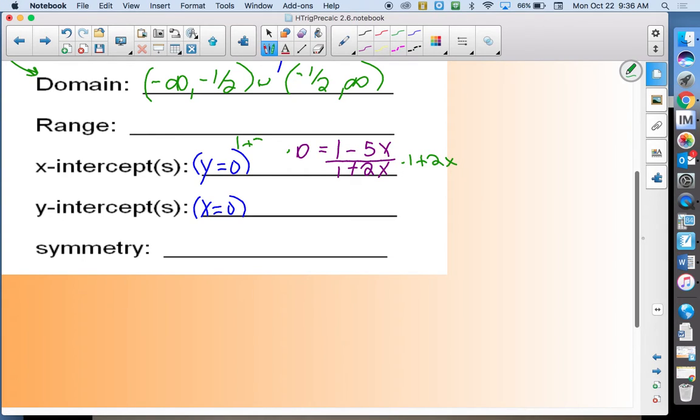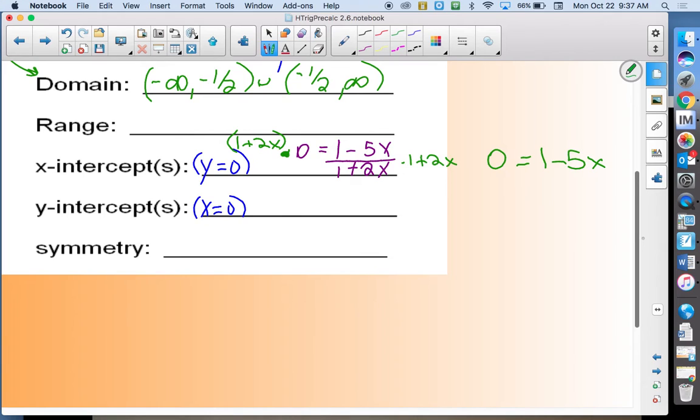Then you have an x value and a numeric value on both sides, so you can just subtract 2x from both sides and a 1 from both sides. Hold on, Ben. If you have a 0, what is 1 plus 2x times 0? 0. So if you take that 1 plus 2x to the other side and multiply it by 0, it's still 0.